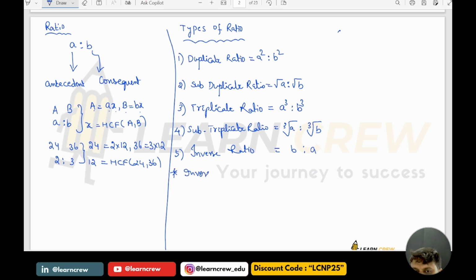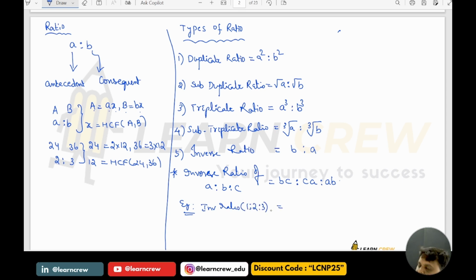inverse ratio of A is to B is to C is nothing but BC is to CA is to AB. For example, what is the inverse ratio of 1 is to 2 is to 3?